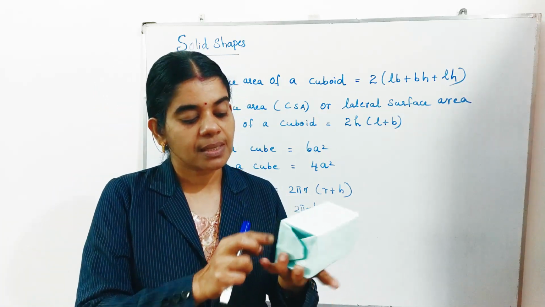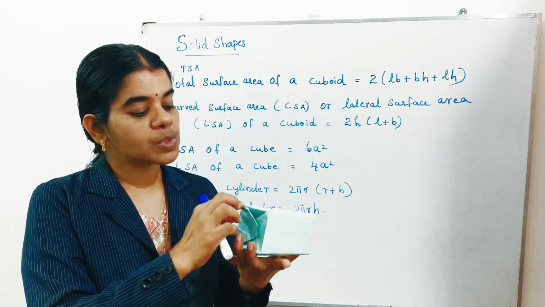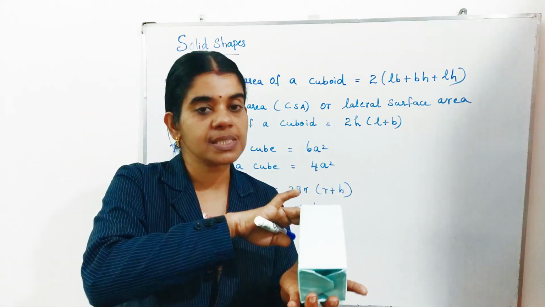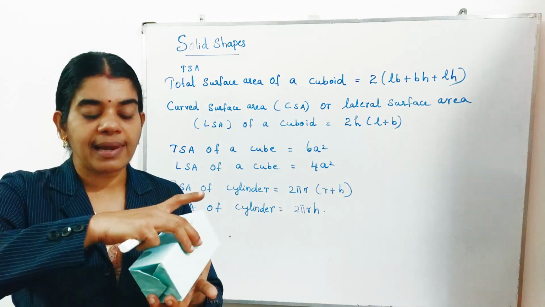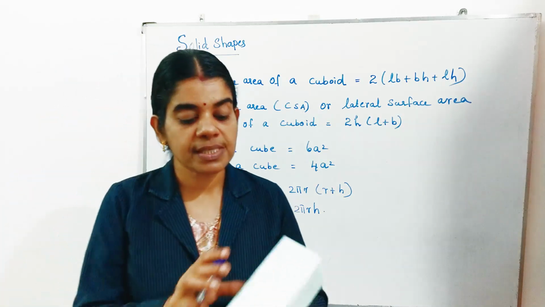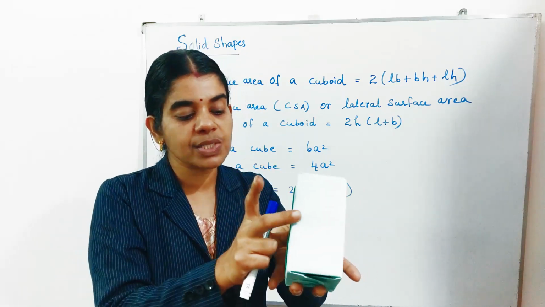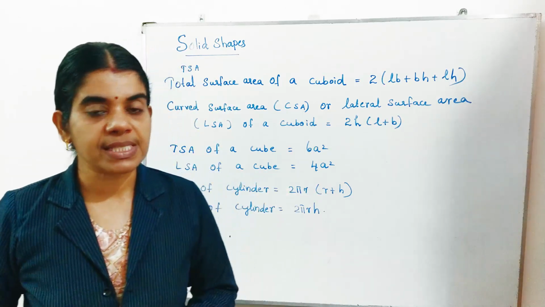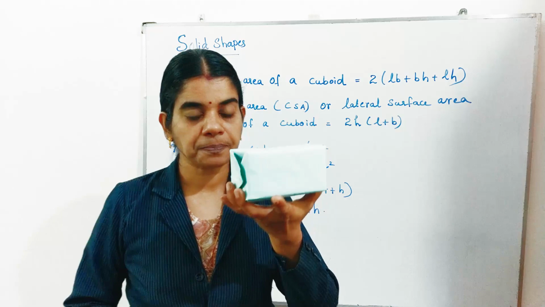Then these 2 faces will be B and H, so this face and this face will be 2BH. Then 2LH. These 2 faces will be identical, these 2 faces will be identical, these 2 also. All the 6 faces' area is known as the total surface area of the cuboid.